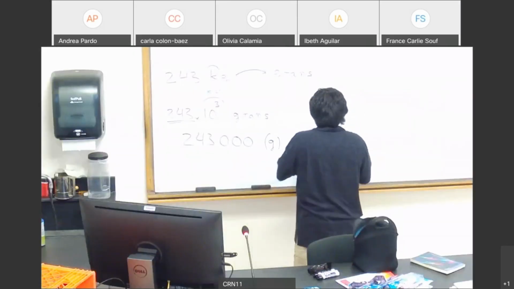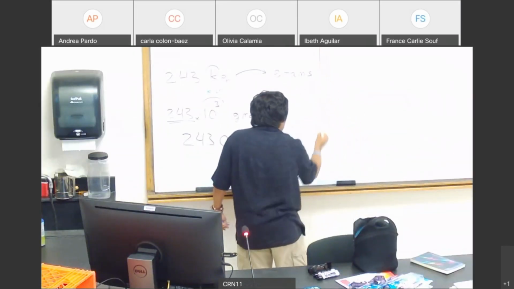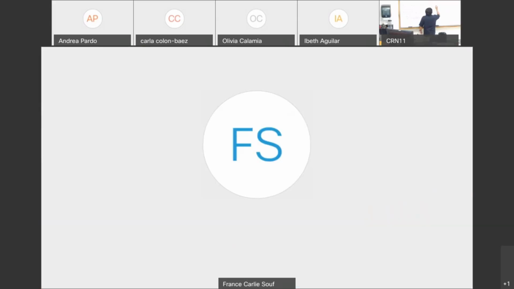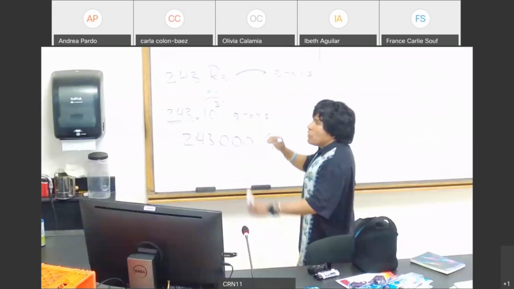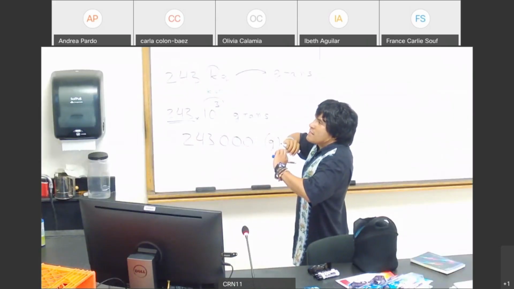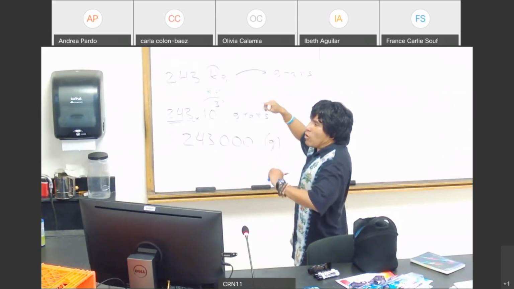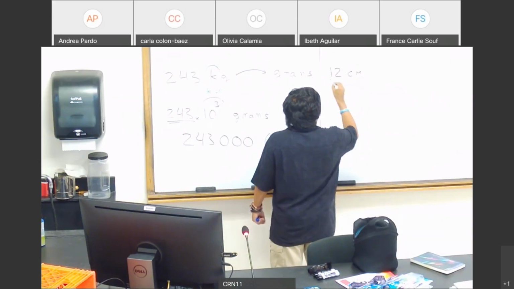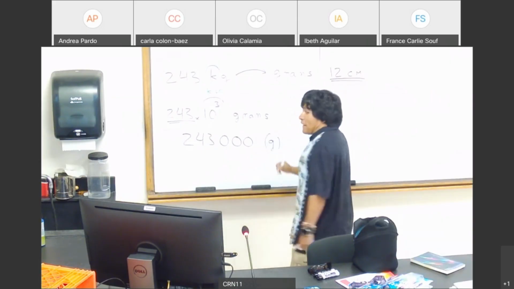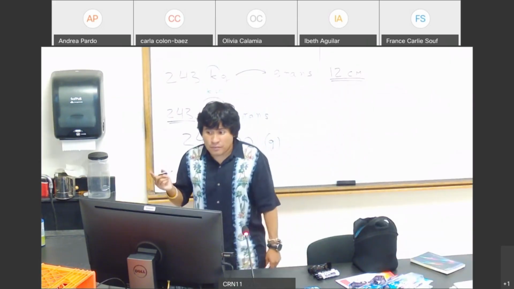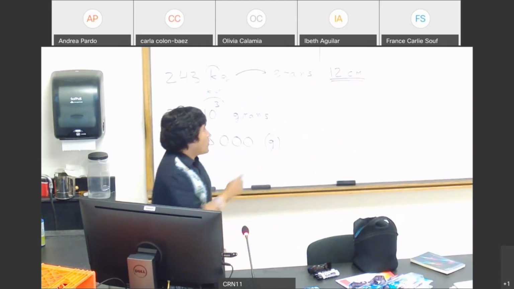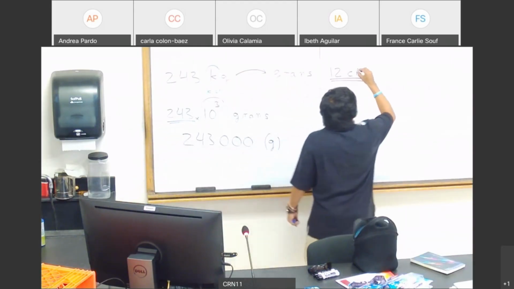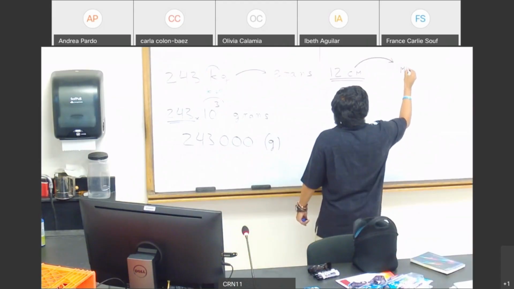And that's what you're going to be doing in some cases, right? I can tell you the distance a particle is moving is 12 centimeters. But I want to change it to meters. That's the objective. So how do I go to meters?